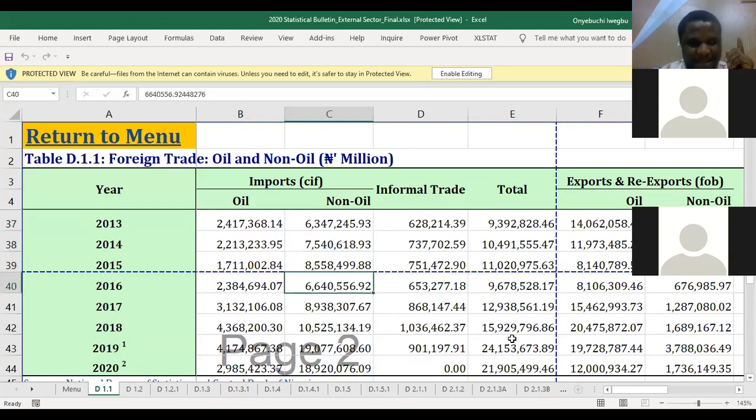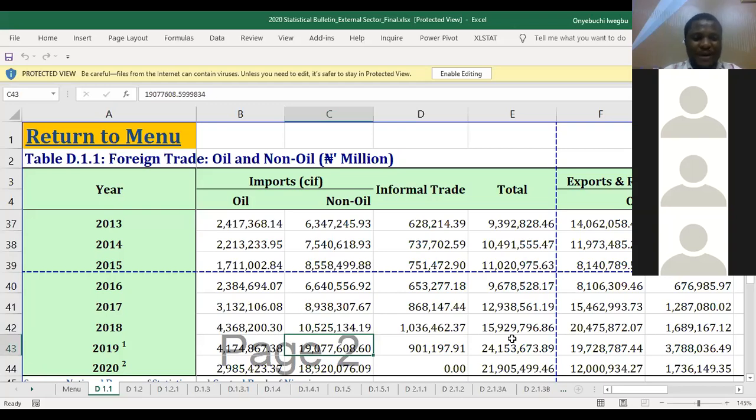Now look at 2018. 2018 was 10.5 trillion. Between 2018 and 2019, it increased by 9 trillion.